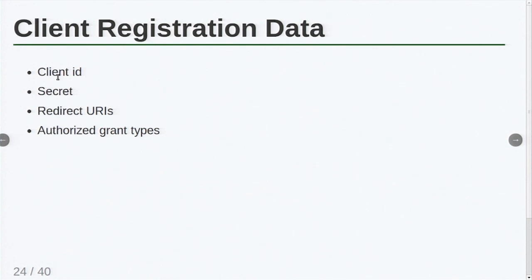Okay, client registration data. ID, secret, definitely going to need that because they have to authenticate to the token endpoint. Third thing that they need, and they need to have registered, is a redirect URI so that you protect. In that way, you protect against various spoofing attacks, basically. So I can't pretend to be this client and sit at a different URL than the one that was registered, right?